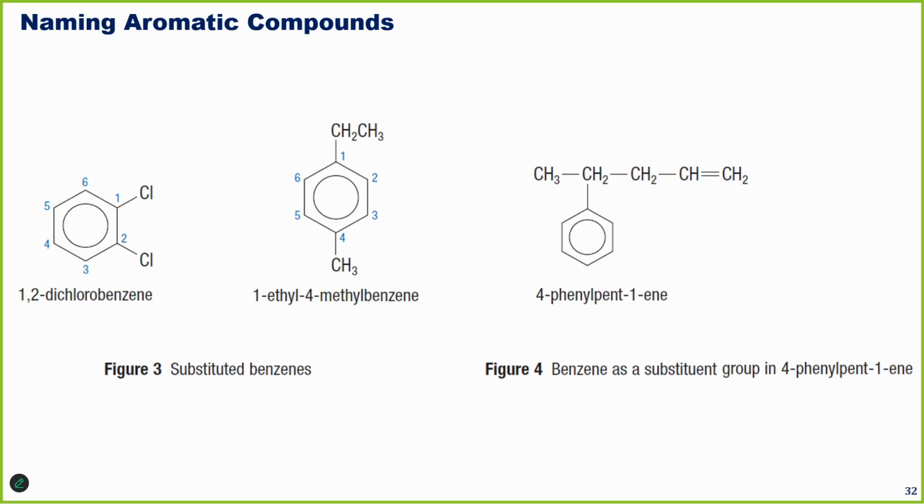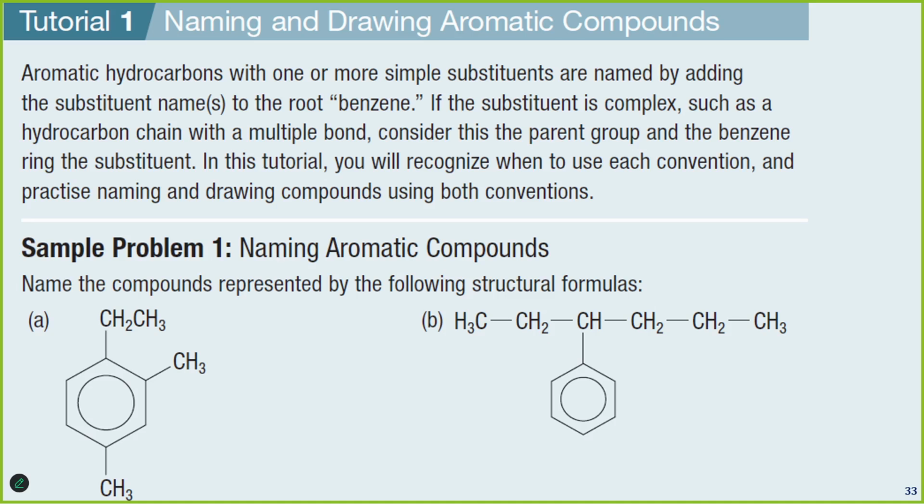The compound is named using phenyl as a substituent, which is shown here in figure 4. Are you clear now? Okay, so next let's do a tutorial to practice naming and drawing aromatic compounds. Aromatic hydrocarbons with 1 or more simple substituents are named by adding the substituent names to the root benzene.